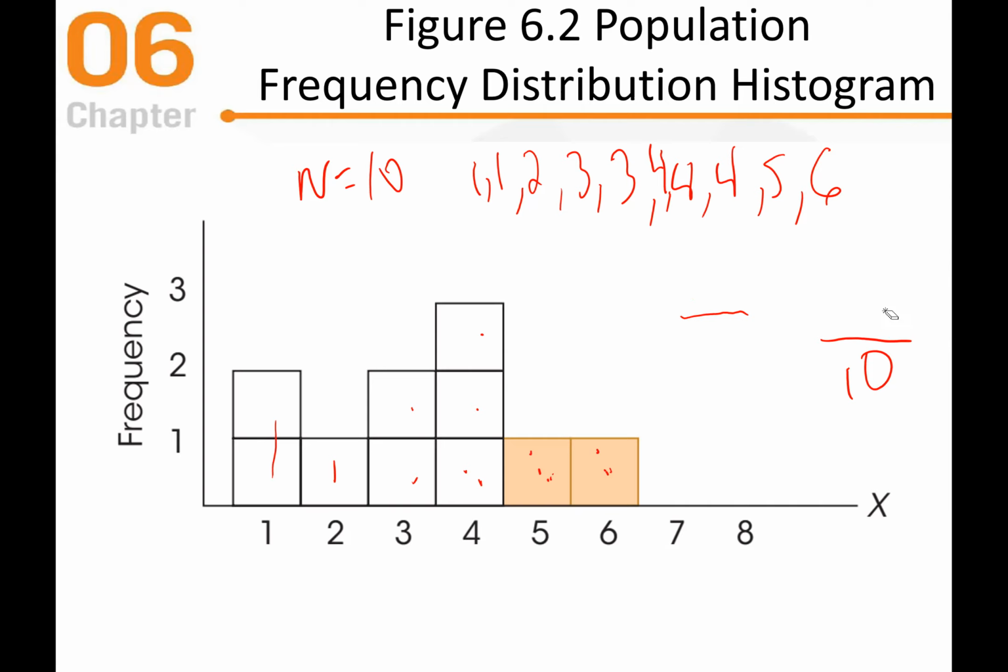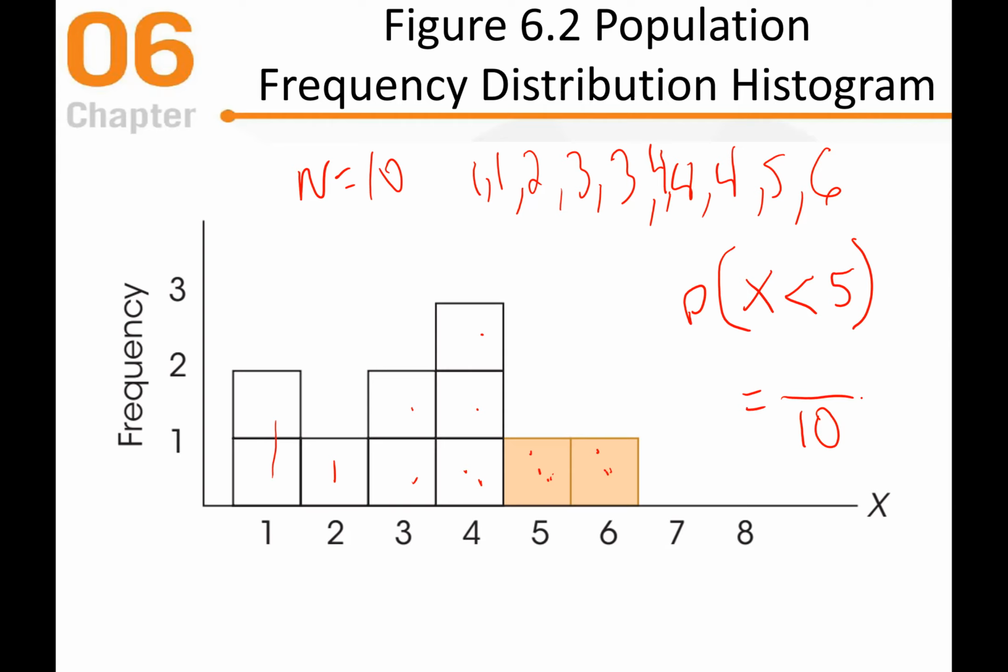So that's one example. Let's take this same example, and let's say, what is the probability of getting a score, X, that is less than 5? Well, in the denominator, the total possible number of outcomes is 10, still 10.